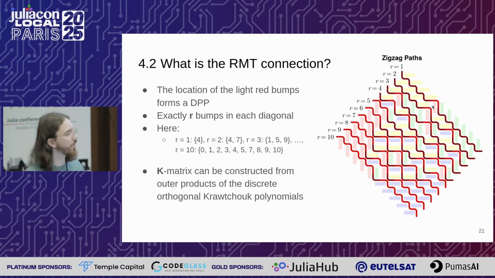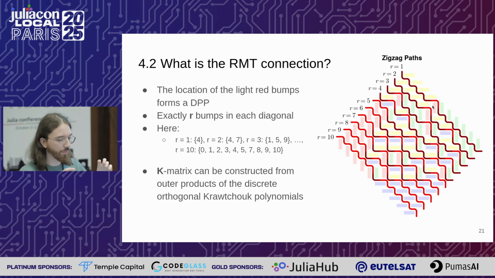So the top diagonal has 1 bump to the right, the second has 2 bumps to the right, and so on. And this is actually a DPP again. You can sample the location of those bumps through a DPP. For example, here, the first one would be a set containing just 4.